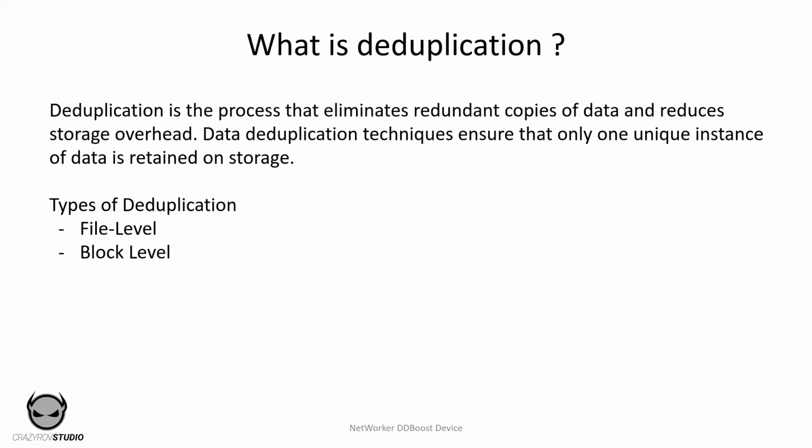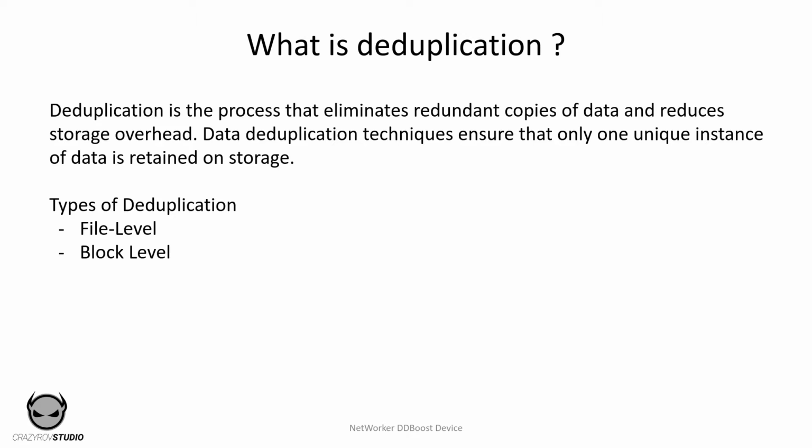Redundant data blocks are replaced with a pointer to the unique data copy. In that way, deduplication closely aligns with incremental backup, which copies only the data that has changed since the last previous backup.